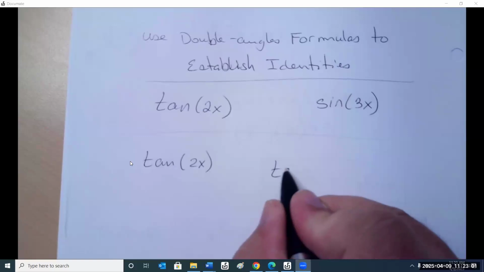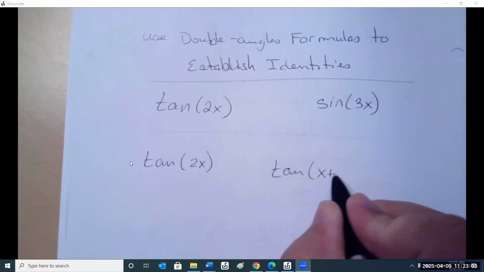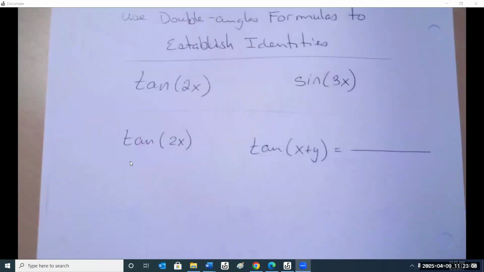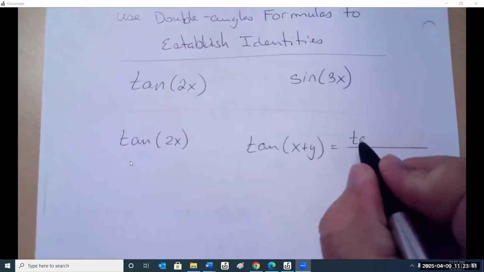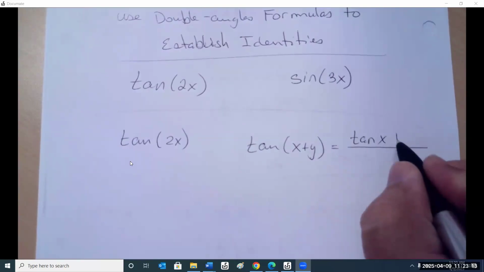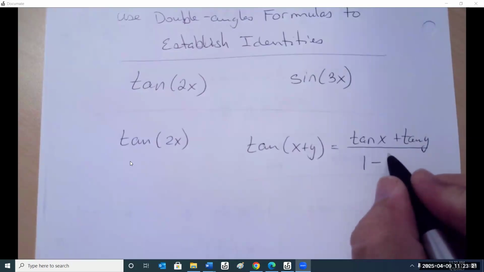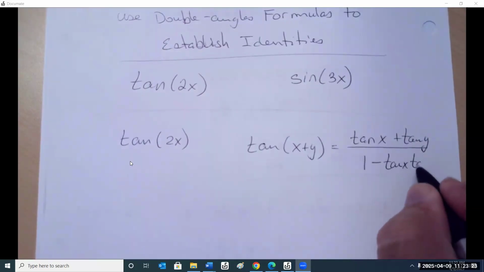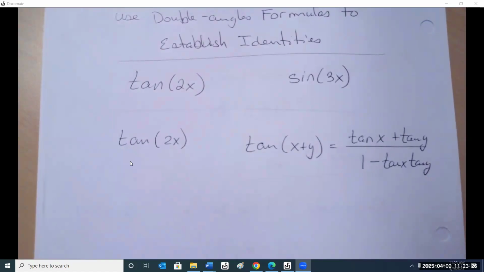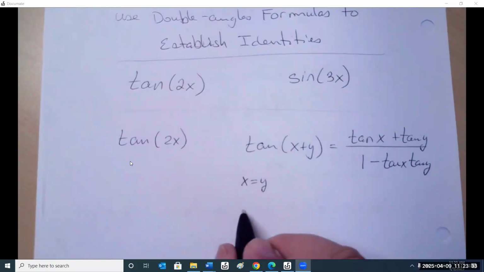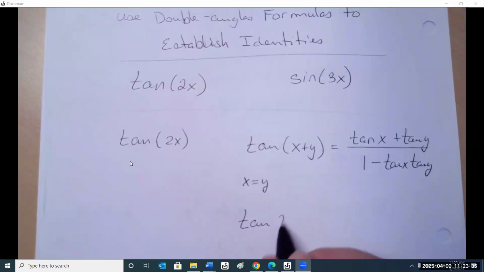What do we know from tangent x plus y? What's the formula for that one? Tangent x plus tangent y over 1 minus tangent x tangent y. When x and y are the same, then we have the double angle.